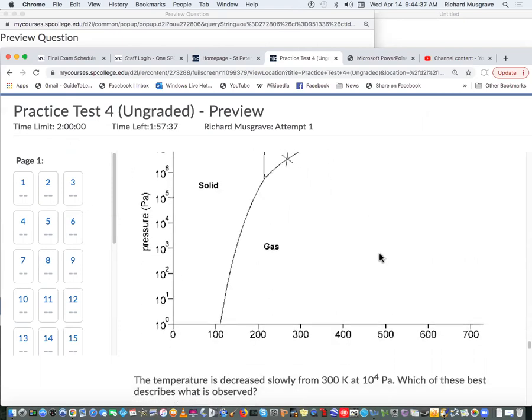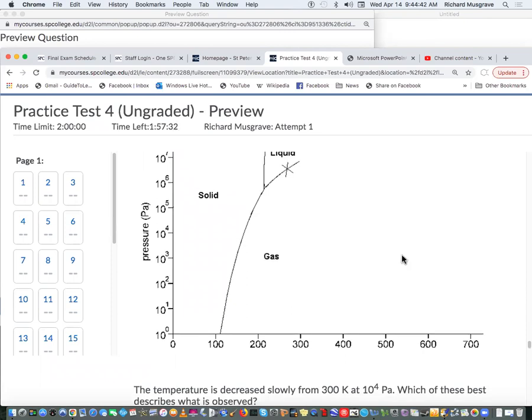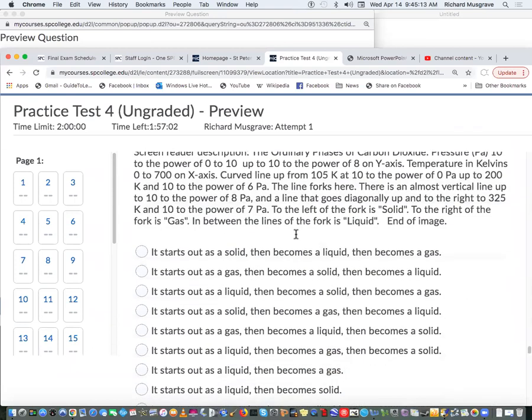So this one, the temperature is decreased slowly from 300 K at 10 to the 4th pascals. What you do is you start at 300 K here, and 10 to the 4th pascals is here, and we're decreasing the temperature. So it starts as a gas, and as the temperature goes down, it's going to go from a gas and turn into a solid, and that would be the answer here.